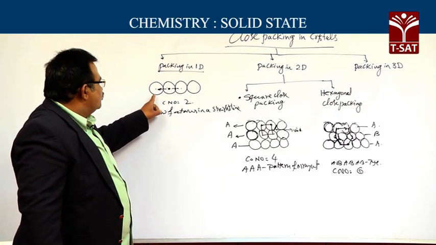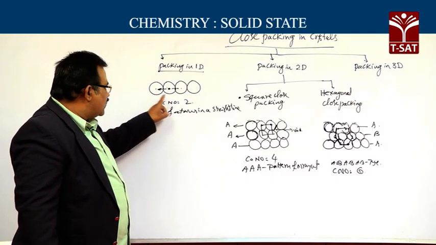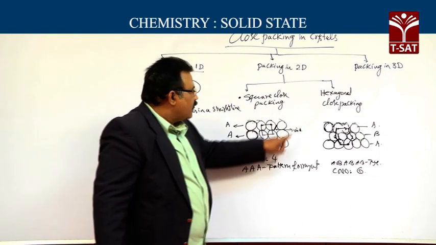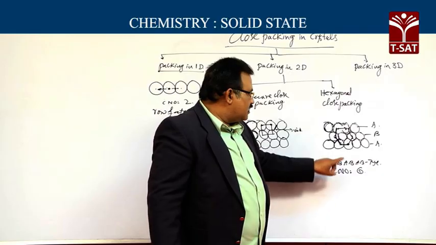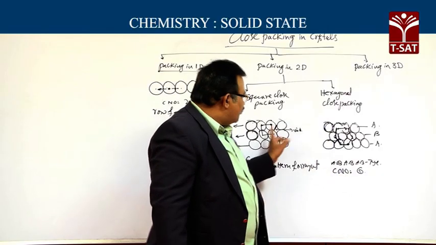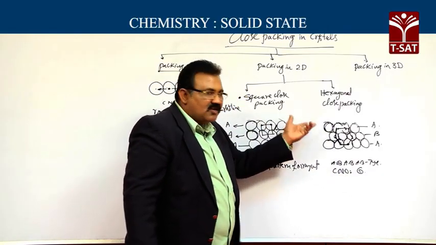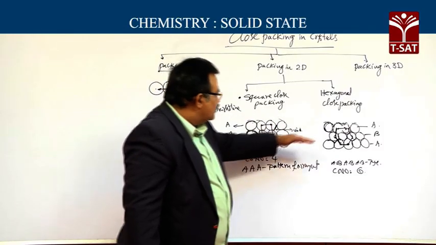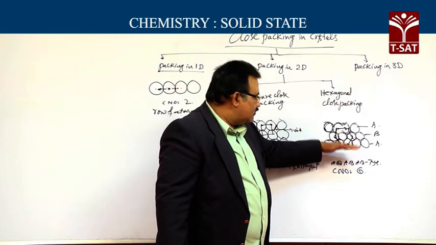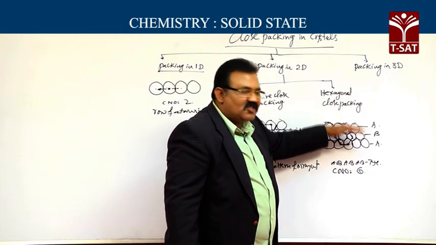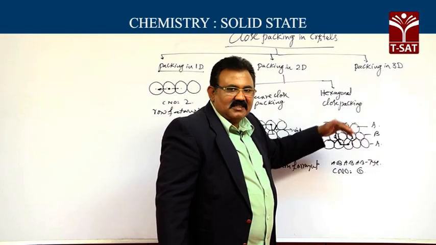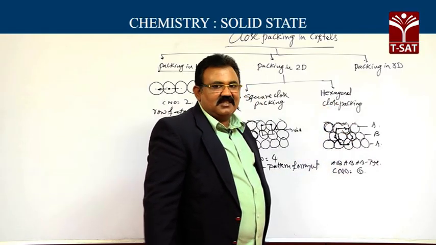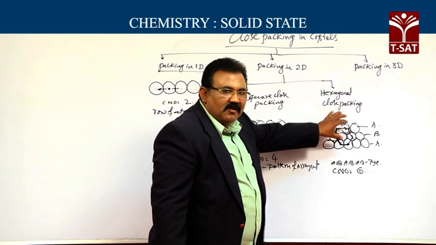Coordination number for single dimensional close packing is 2, square close packing is 4, hexagonal close packing is 6. The main difference is that in square packing layers are vertically arranged, whereas in hexagonal close packing, in the depressions of the first layer the second layer is present, and in the depressions of the second layer the third layer is present. Hope you got my point.